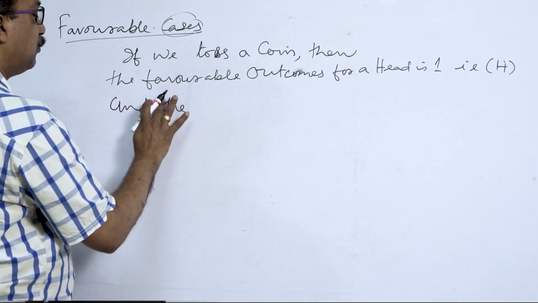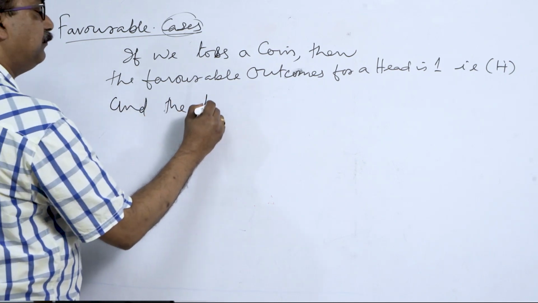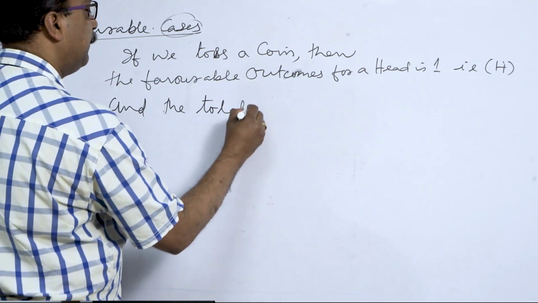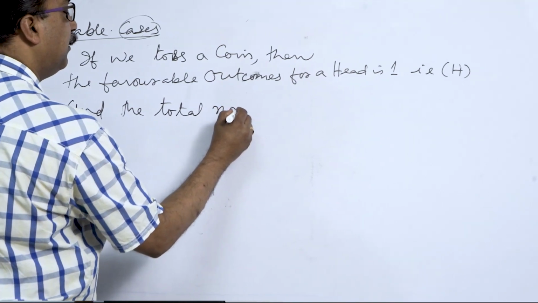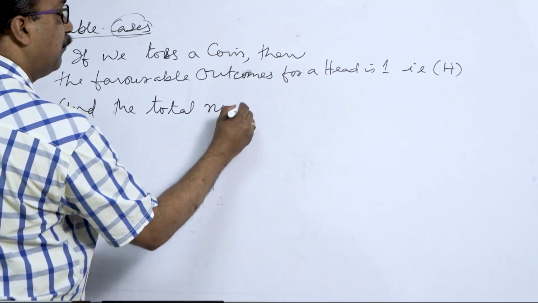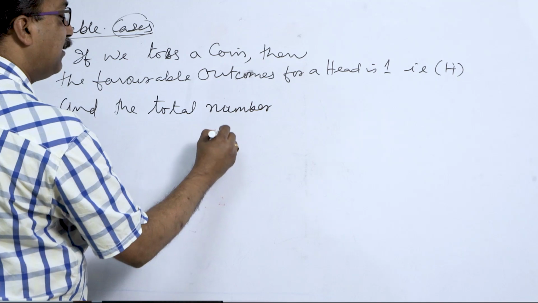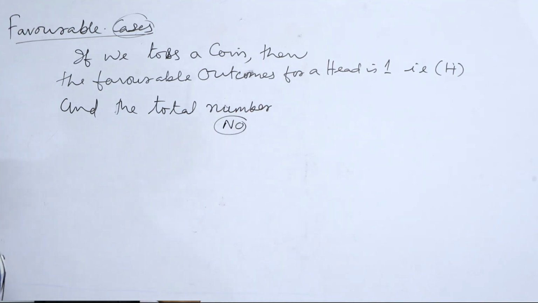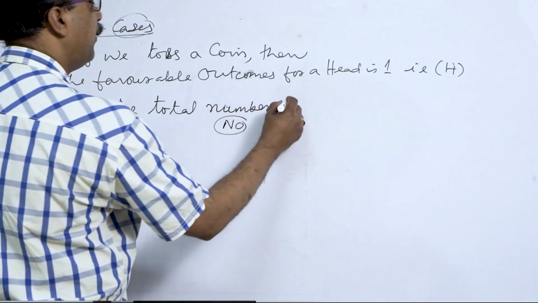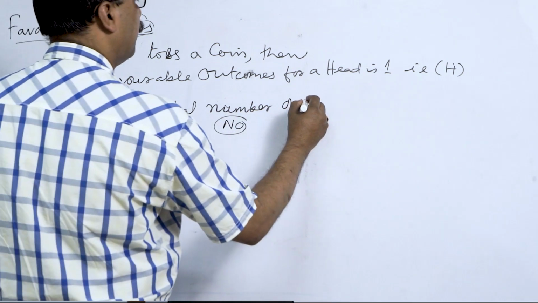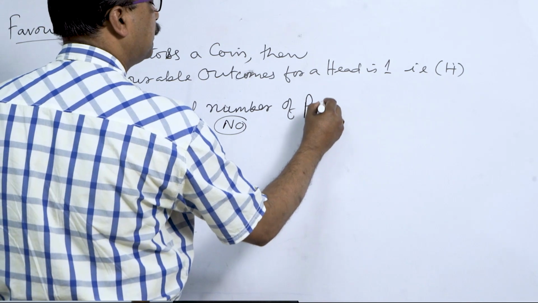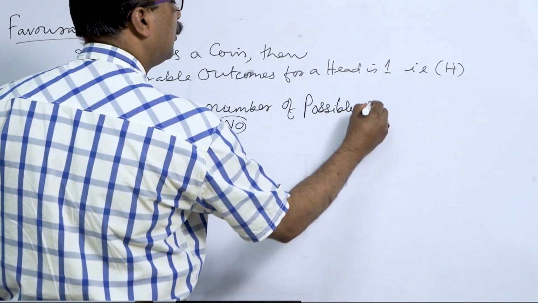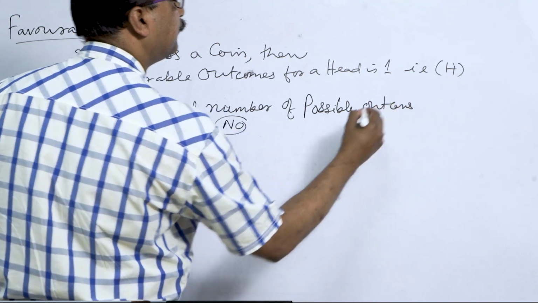And the total number, that is called sample space, I showed you before. Total number, you can write capital N O if you don't want to write it out, that indicates number. So the total number of possible outcomes equals how much?